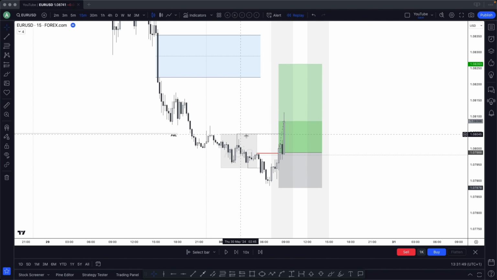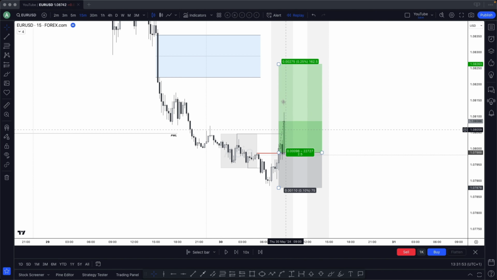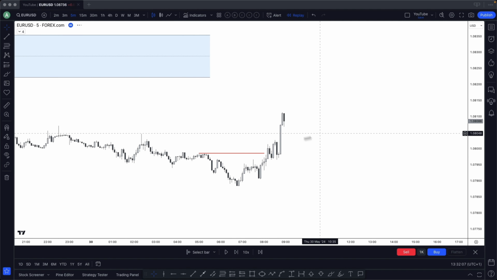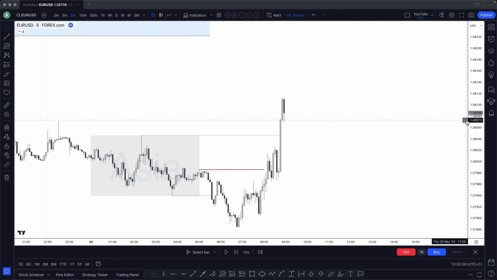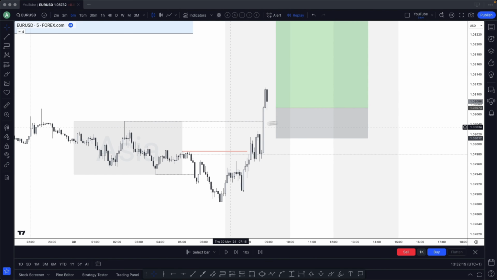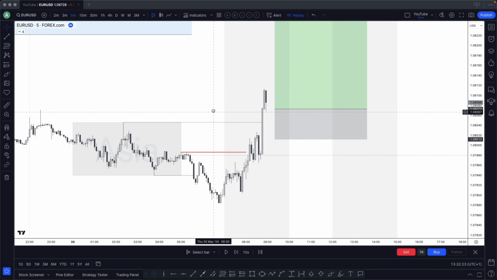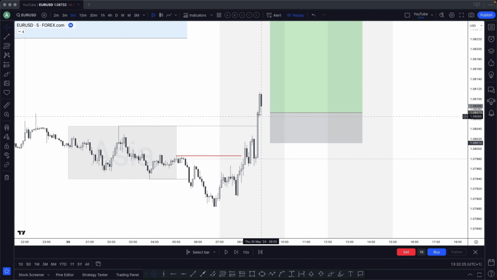breaking this Asia high, showing clear intent that price wanted to go higher and that buyers wanted to see this market go higher. So what I did then was, because I'm trading on a prop firm account, I'm looking for opportunities to scale in to winning trades. What do we see? So price broke Asia high with aggression, leaving behind displacement.